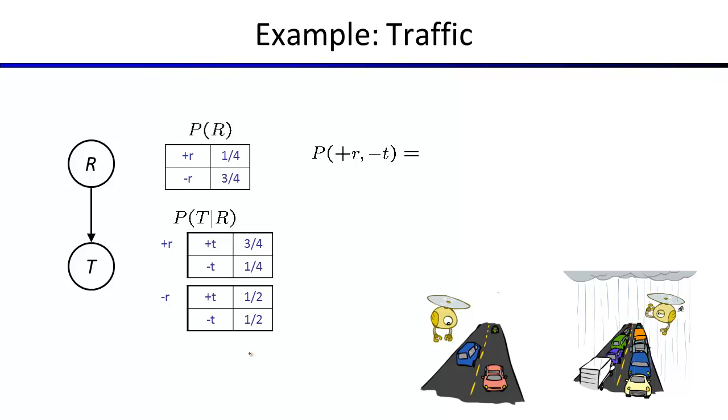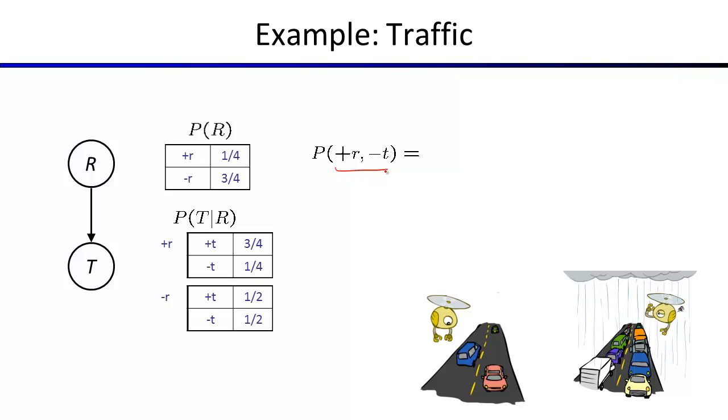Another example, our rain-traffic Bayes net, and we want to find this particular quantity over here, the probability of plus r, negative t. We know how we can build the entire table. We don't need to build the entire table, but building the entire table just means multiplying together all conditional probability tables where you group all consistent entries.